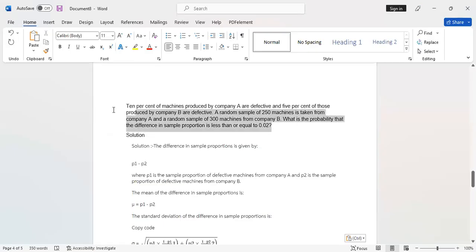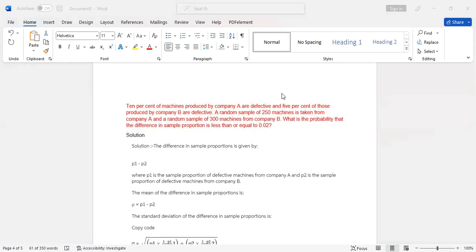Let's go to the question so that we just understand the breakdown. This is our question we're looking at. 10% of machines produced by company A are defective, and 5% of those from machine B are defective.